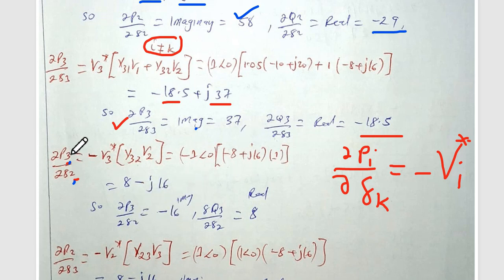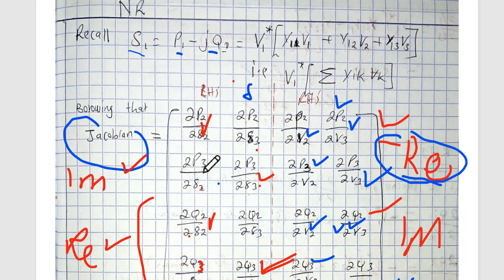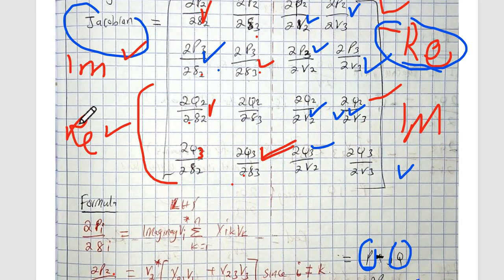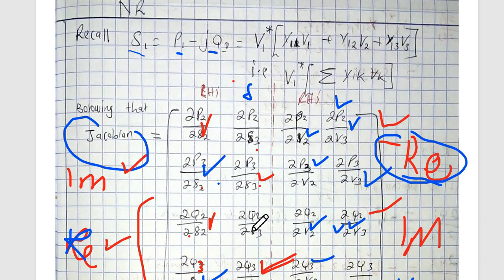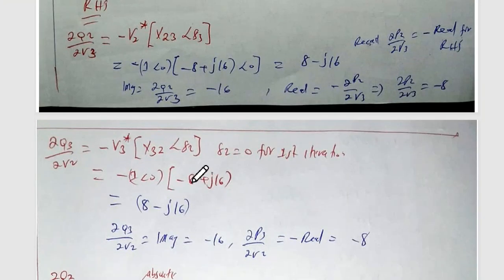Again, to get this partial P3, partial del 2, the imaginary is just picking 16. Then 8 is the real one, it's this. So you just come here, partial P3, this is imaginary, then this is real, like we have written here. So we are remaining with this one and this, which you are getting in less than 2 minutes.